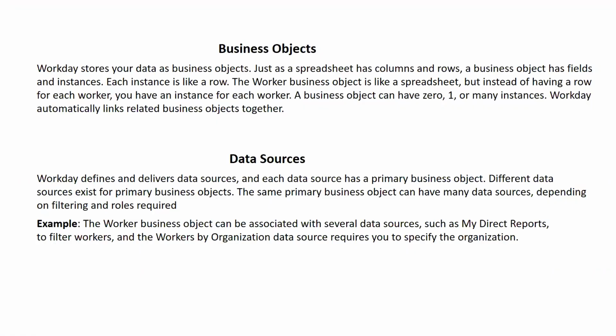For example, all workers, or all active and terminated workers, or all indexed workers data sources will have a worker business object. So your worker business object is constant, and your data source is changing. That means you can access certain fields from the worker business object if the fields are included in the data source.